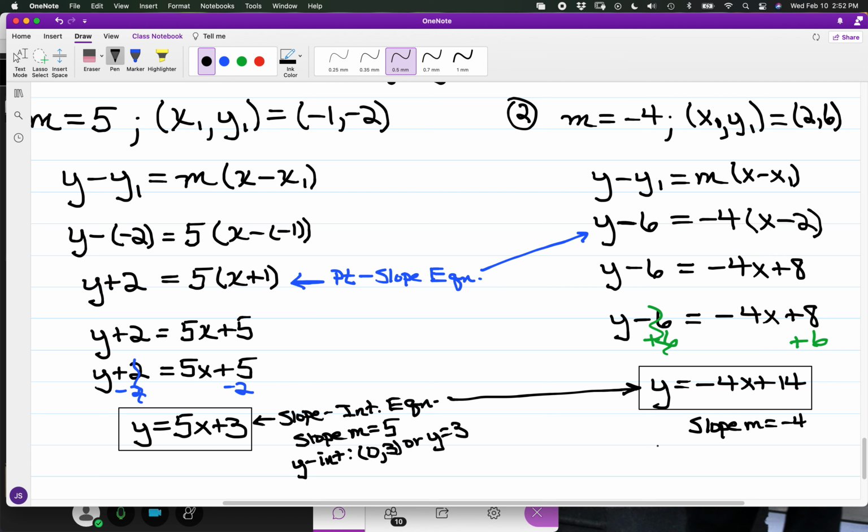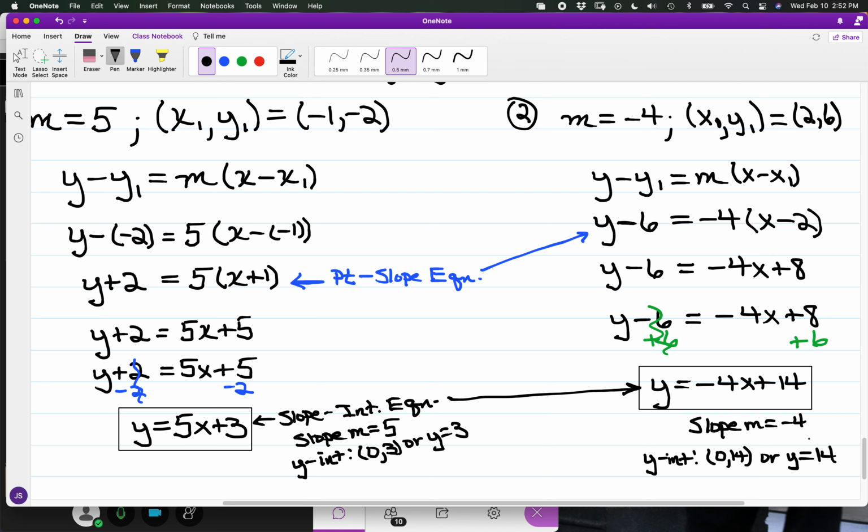And for the y-intercept, your b value is going to be 14, so you have (0, 14). Again, another way of expressing the y-intercept, we have y is equal to 14.